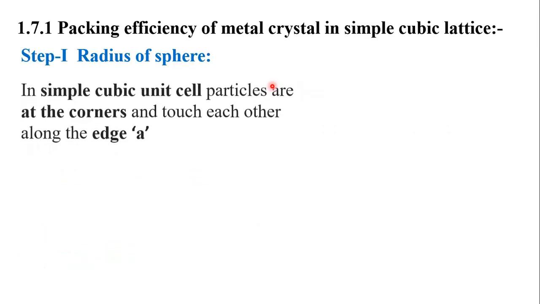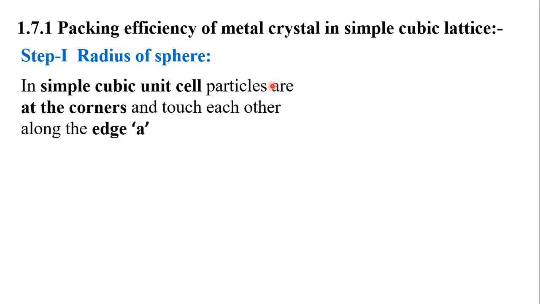You know that in any crystal system, the particles are considered as a hard sphere. So we are going to first calculate here the packing efficiency of a metal crystal in simple cubic lattice. So the first step is what?